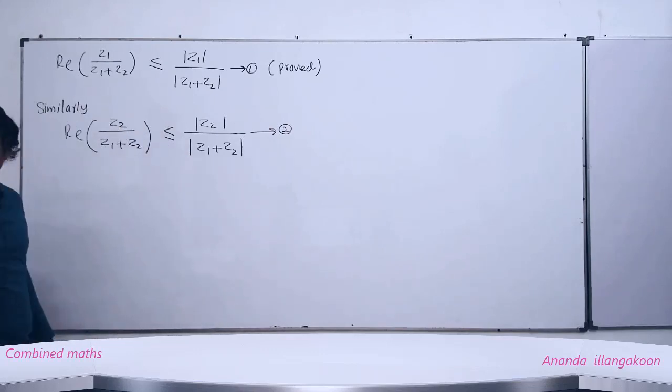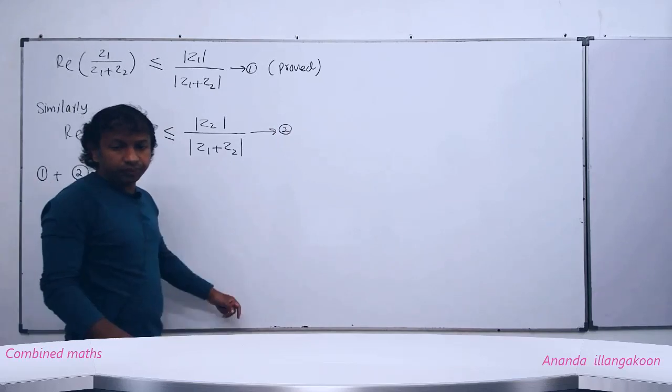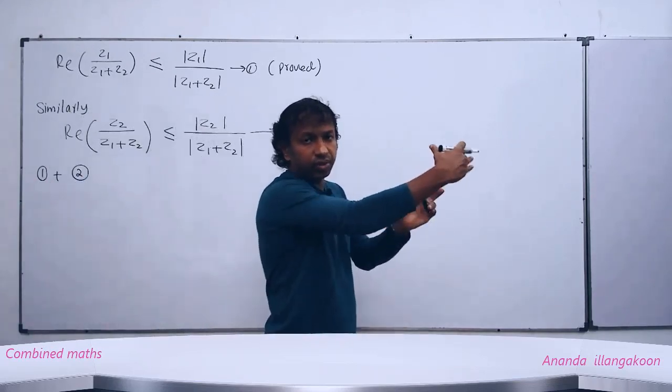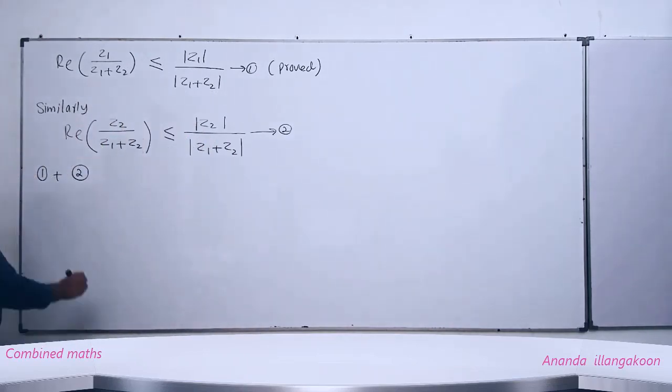Okay. Now we add these 1 and 2. Two inequalities we can add: left hand sides together, and separately the right hand sides together. Then what do you get?